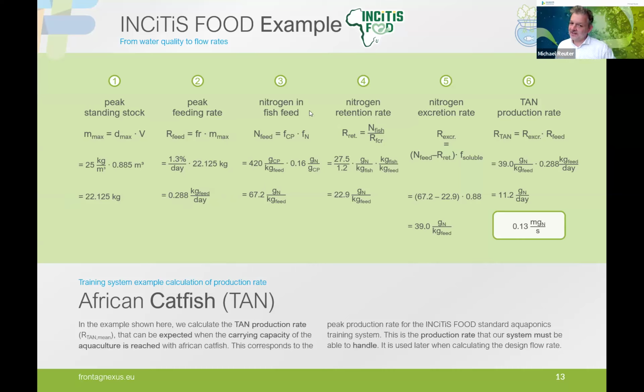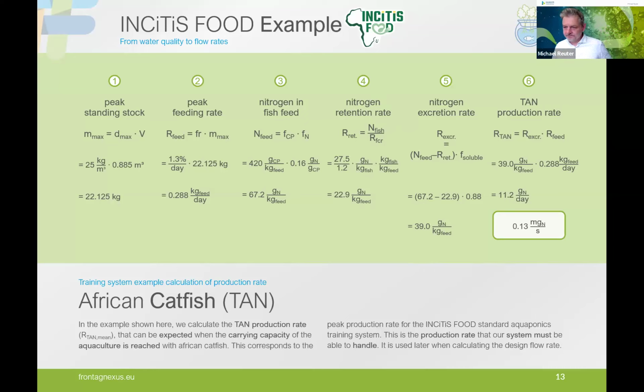And then we can calculate how much nitrogen will be in the fish feed, and how much of this nitrogen will be kept by the fish by its metabolism. This is usually 27.5 grams per kilogram fish. By subtracting the amount of nitrogen retained by the fish from the amount of nitrogen in our fish feed, which depends on the crude protein content, we get what is excreted.